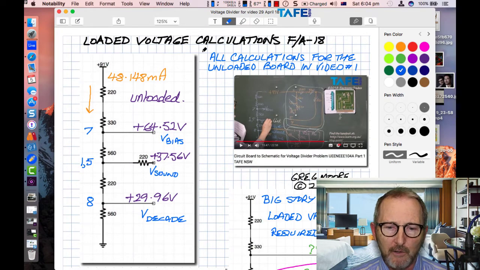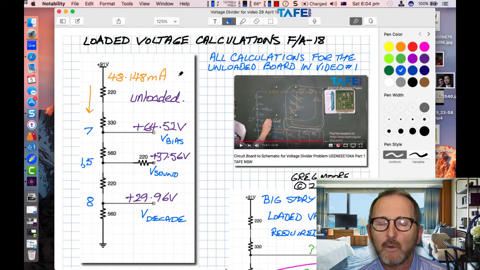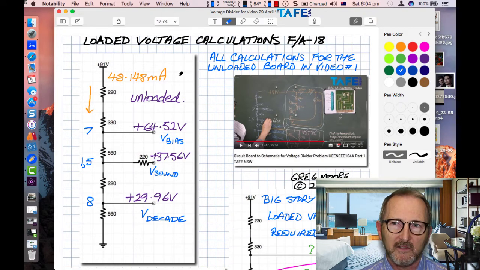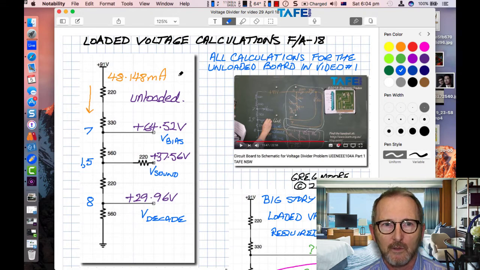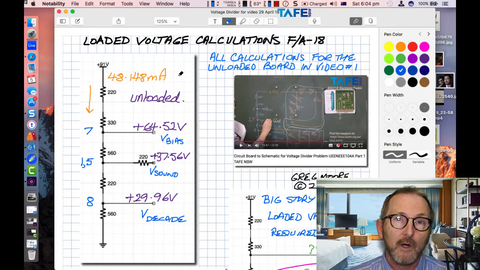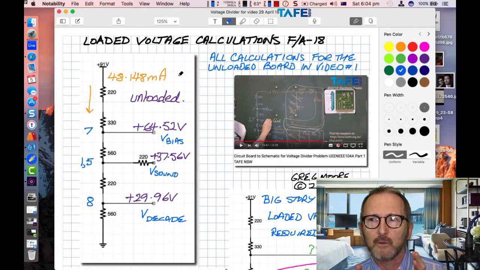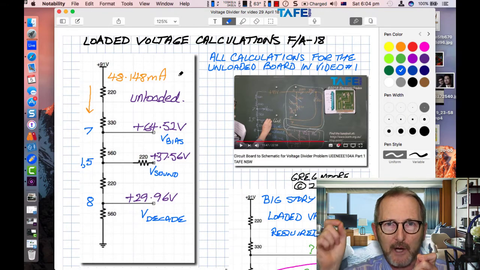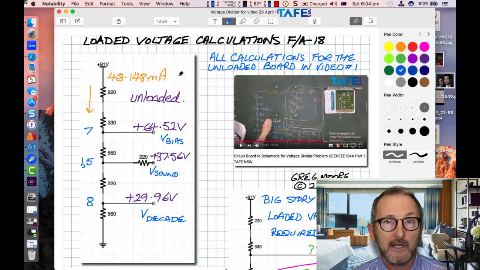Right, loaded voltage calculations for the A-18. In video number 1, we looked at the unloaded voltages, and even as they stand, you need a good knowledge of Ohm's law. In fact, before we even got to Ohm's law, you would have had to pull apart that board and be able to trace the individual tracks on the board. Luckily, it was only a single layer board, not a 2-layer board.